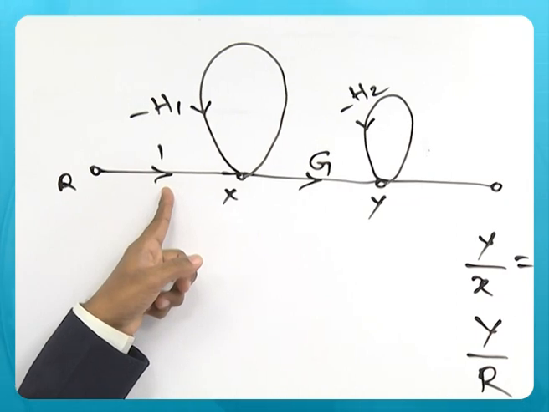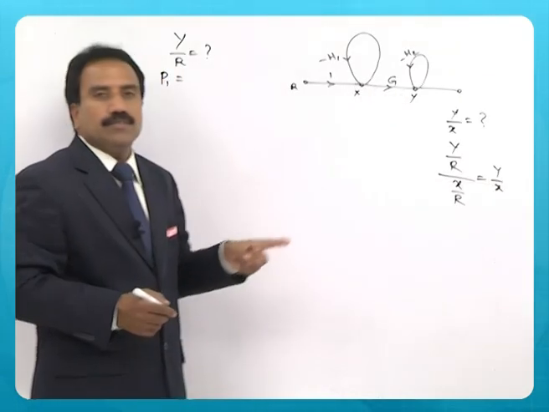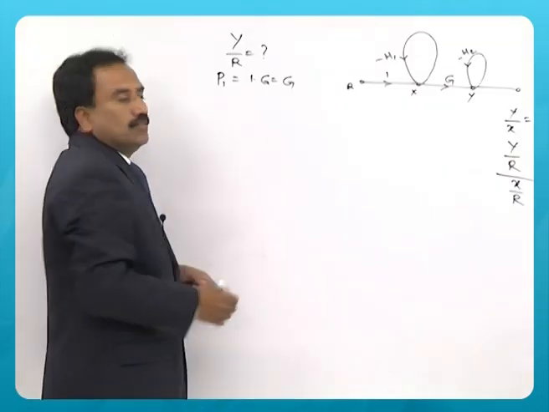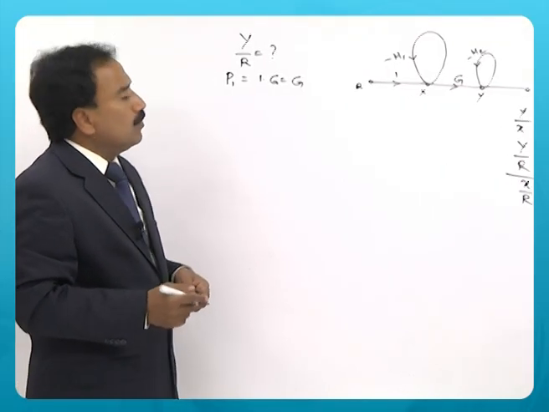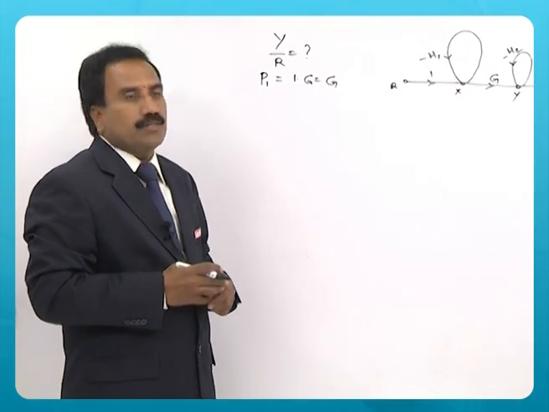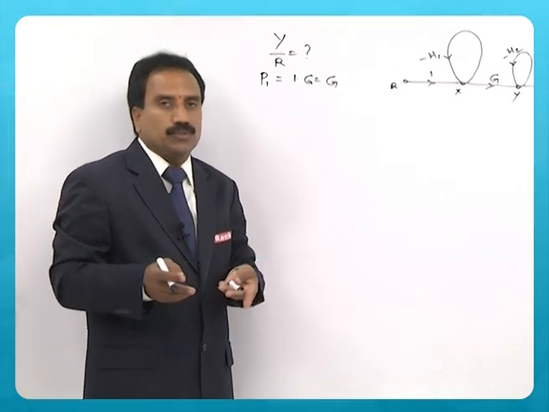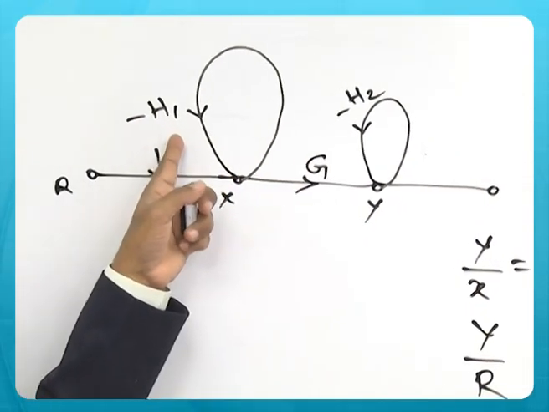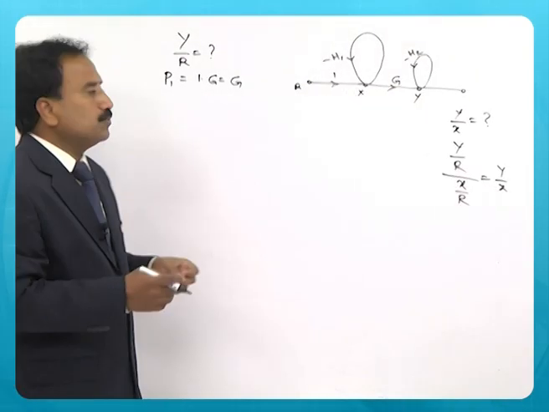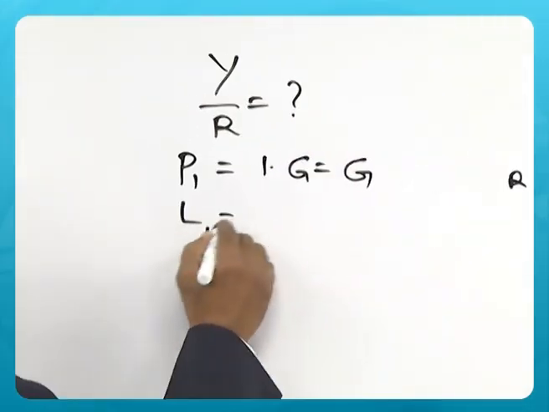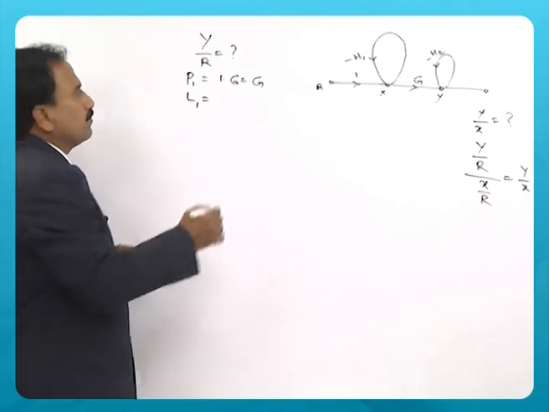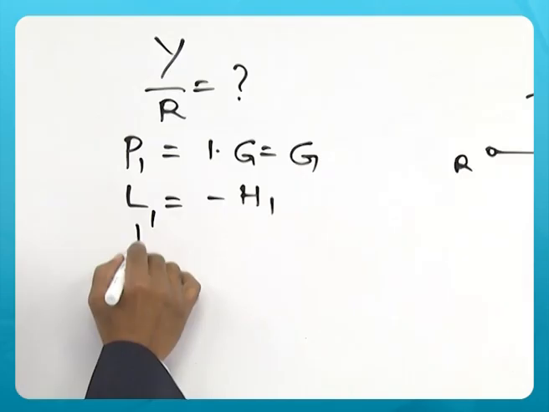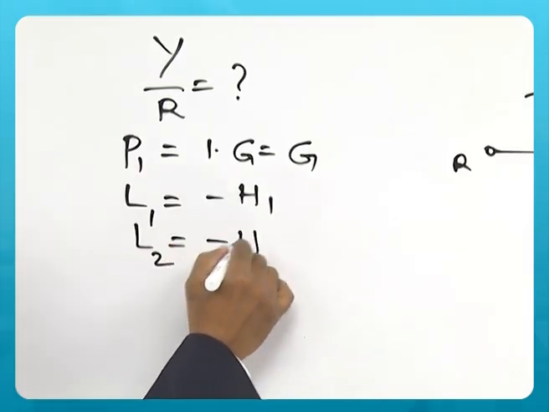Gain of this path is 1, gain of this path is g, so it is 1 into g, simply g. Now no other forward paths exist. You need to identify the loops. Very clear, these are self loops with gain minus h1 and minus h2. So L1 is the loop gain, its value is minus h1, and L2 is the loop gain, minus h2.